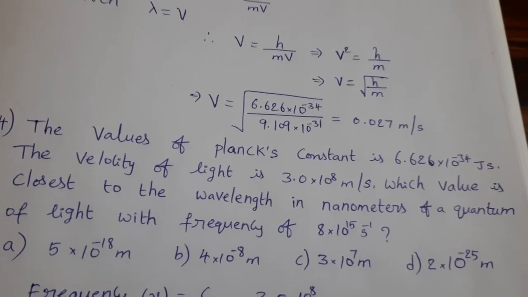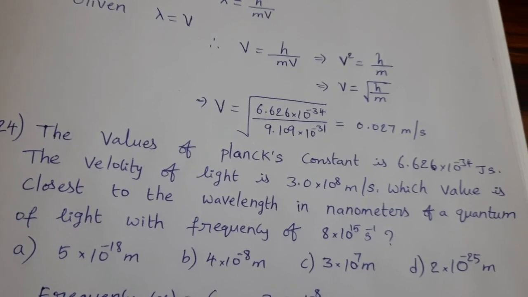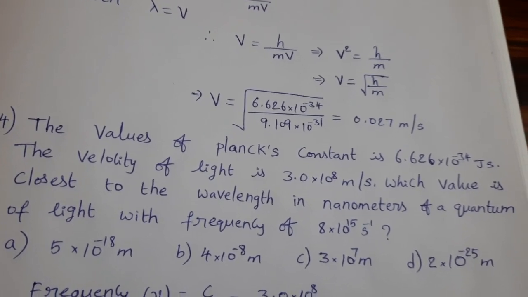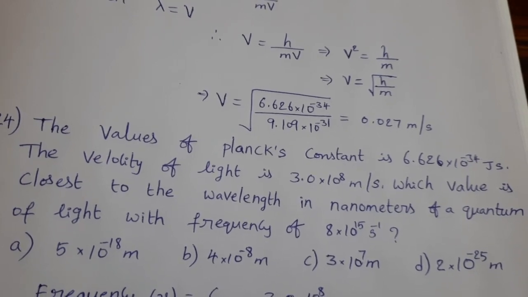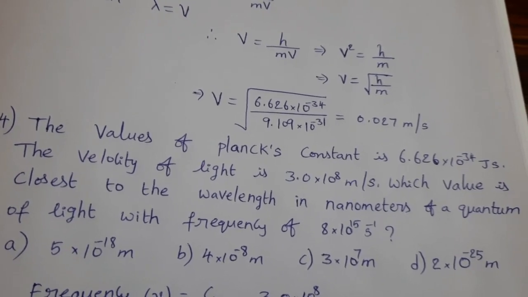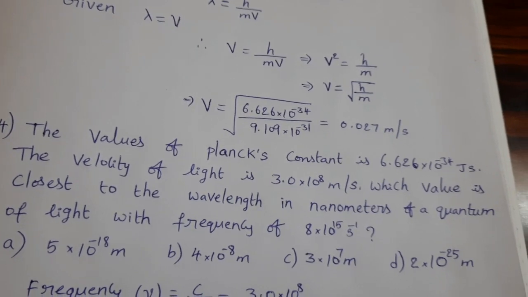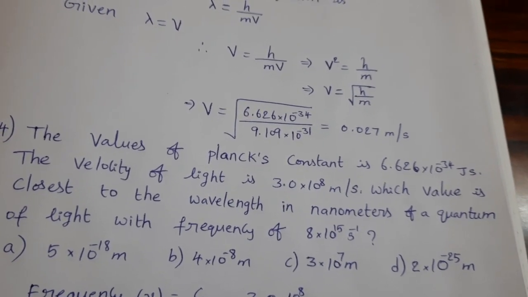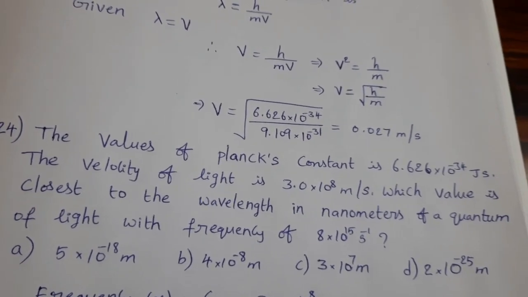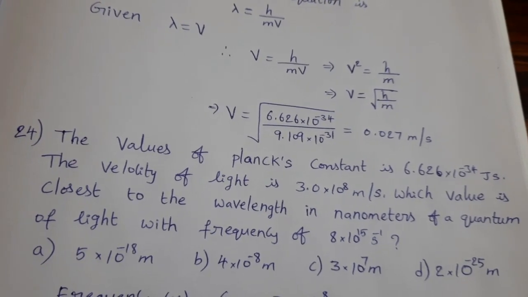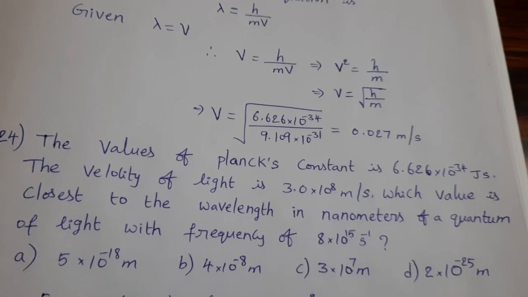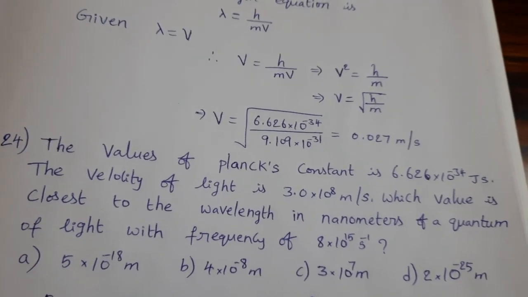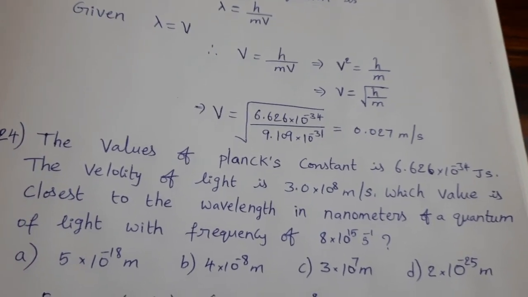Which value is closest to the wavelength in nanometers of a quantum of light with frequency of 8 into 10 power 15 second inverse? Here velocity of light, Planck's constant values are given and frequency also given. For this frequency, suitable wavelength we should calculate. Generally by seeing this question, you may get a doubt. This question is very lengthy but very simple.